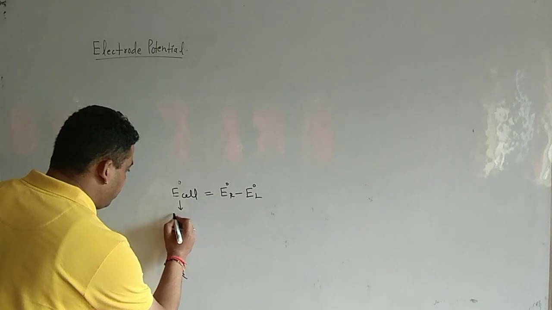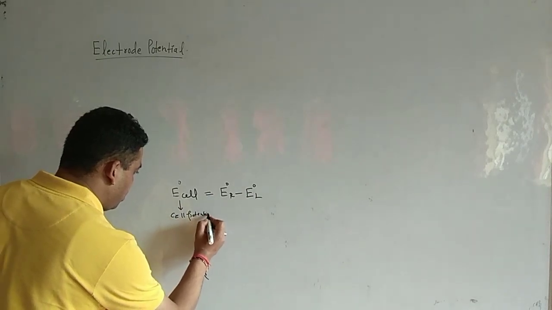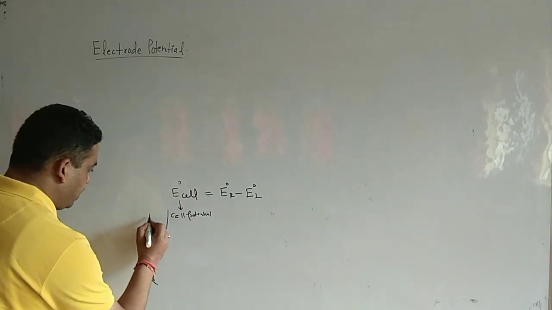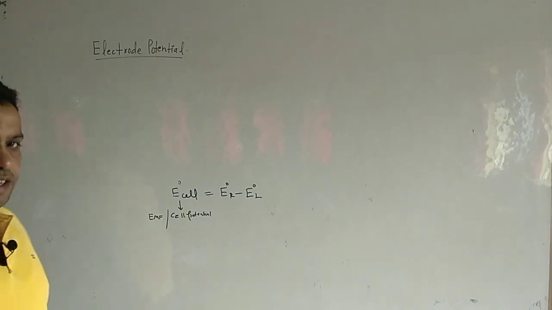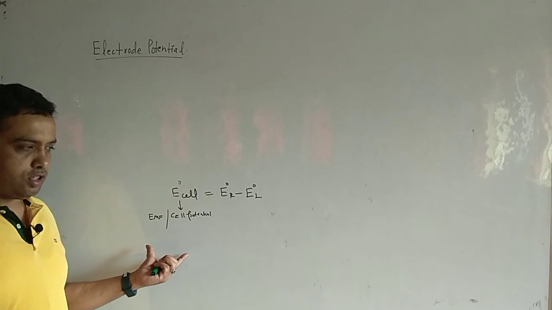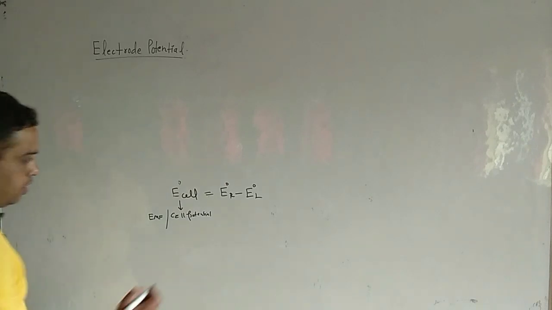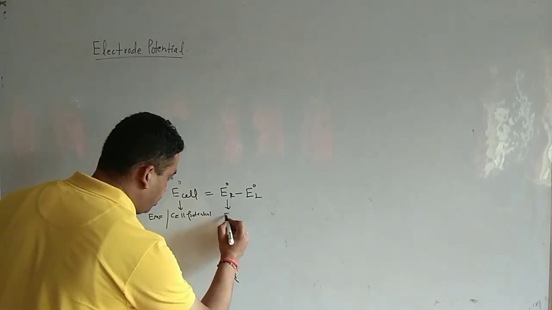This is your cell potential, also known as the EMF. When no current is drawn from the cell, then EMF is equal to the cell potential. This is important to know. And this is the reduction potential, that is, the electrode potential.